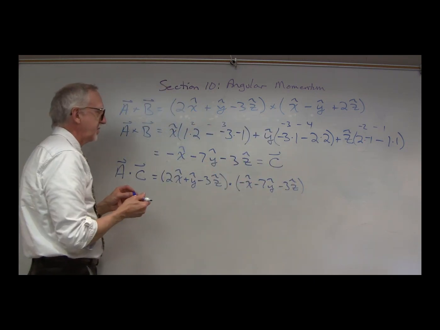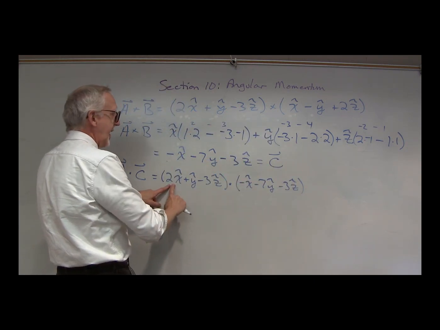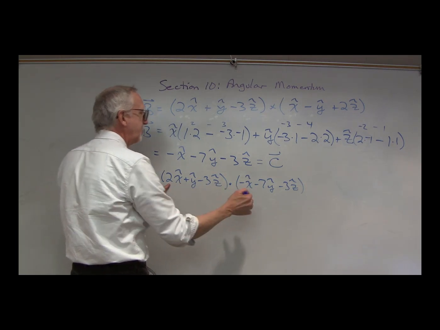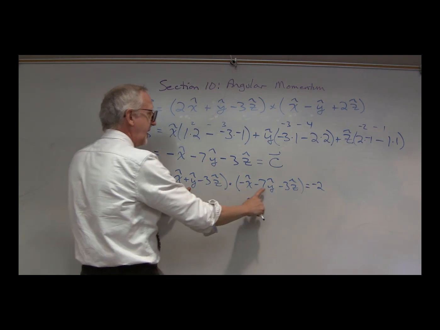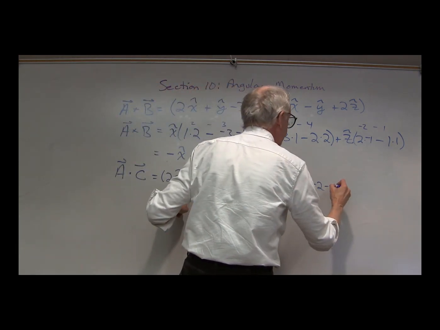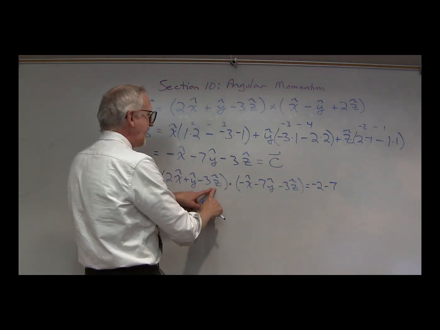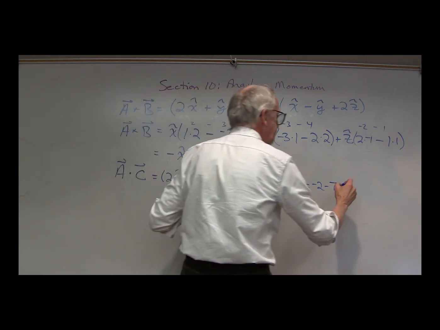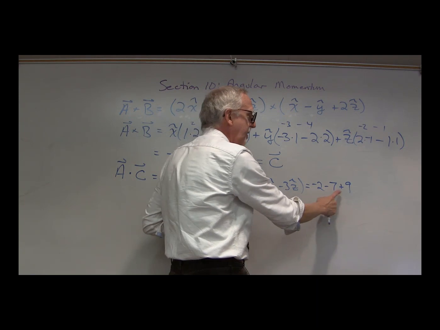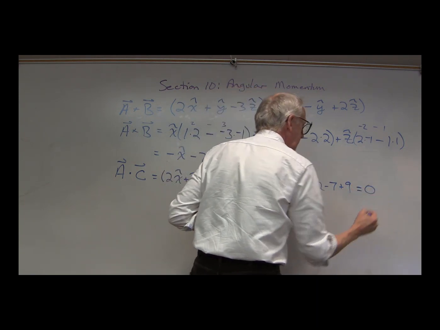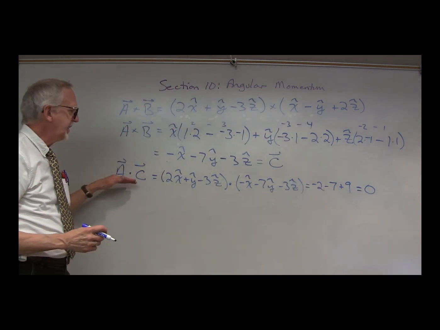So the dot product in this case will be the x components, 2 times negative 1, that's negative 2, 1 times negative 7, and then negative 3 times negative 3, so that's plus 9. So we get negative 2 minus 7, that's negative 9, plus 9, it's 0. So A dot C is 0.